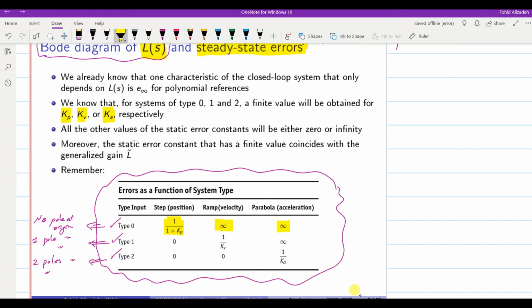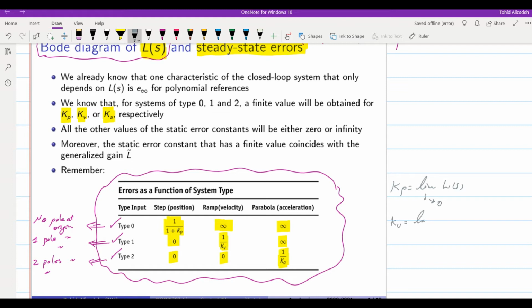For type 1, we will have 0 for the step reference input, 1 over Kv for the ramp, and infinity for parabola. And for type 2, we will have 0 for step and ramp inputs, and 1 over Ka for the parabola input. On the other hand, we know that Kp is the limit of L of S as S goes towards 0.